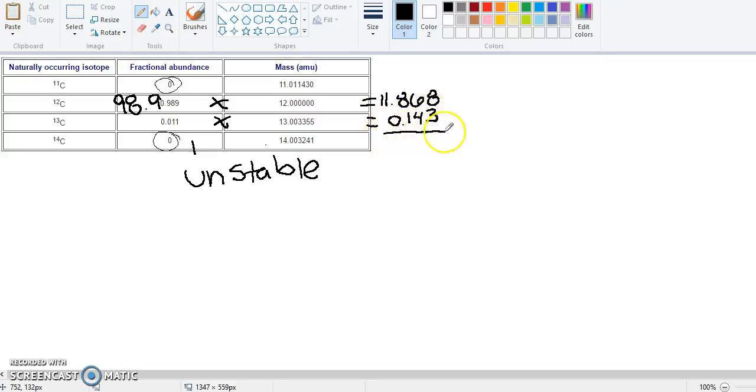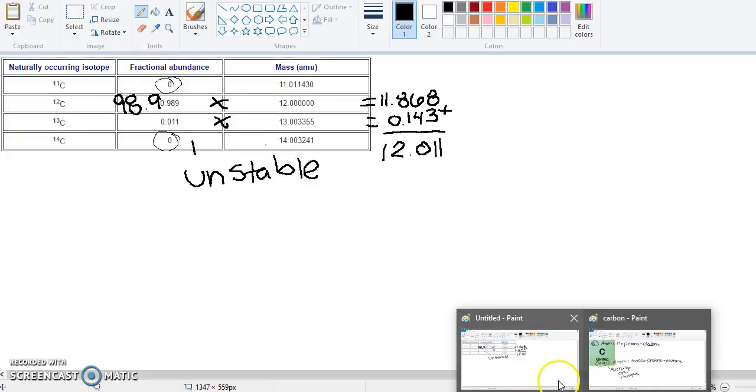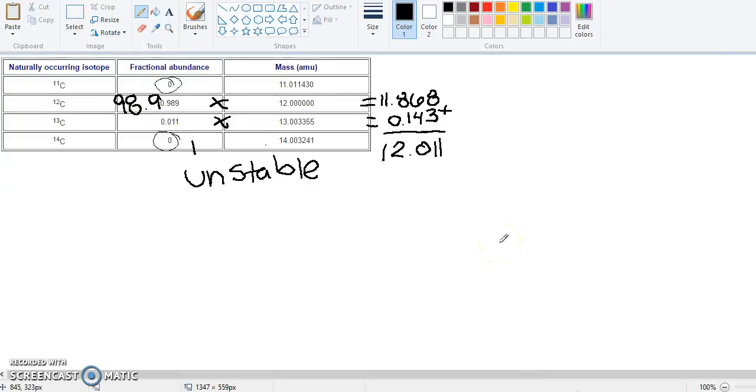Okay, then you're just going to add those two masses together, and we end up with 12.011. Okay, so that's your average atomic mass of carbon, which you see is actually what it shows on the typical periodic table. Again, your periodic table that I passed out in class is rounded up or rounded down.